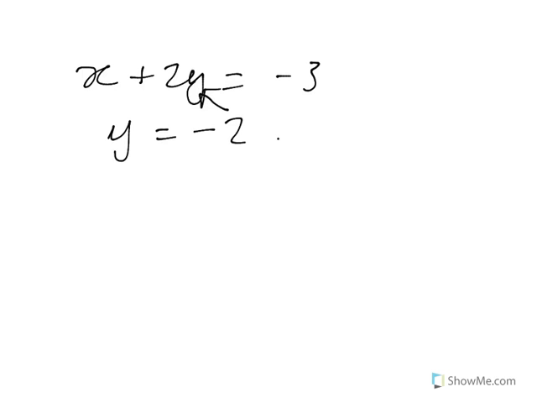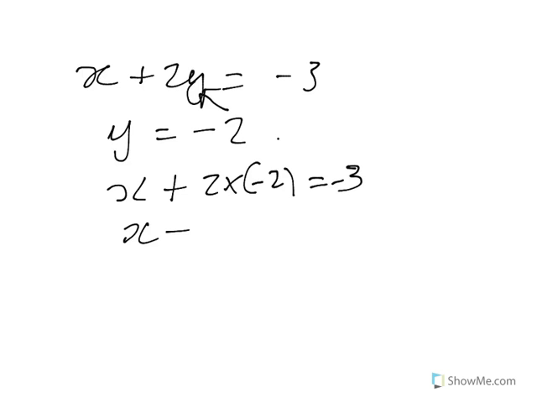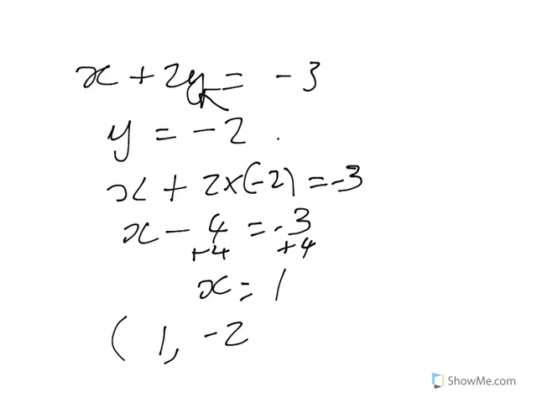So I'll substitute that in there. x plus 2 times negative 2 equals negative 3. x minus 4 equals negative 3. Add 4 to both sides, and x is equal to 1. So the solution is 1 and negative 2.